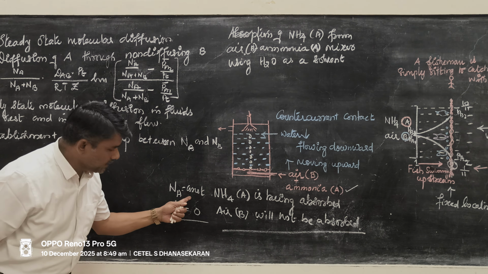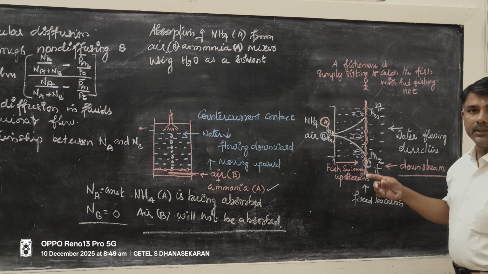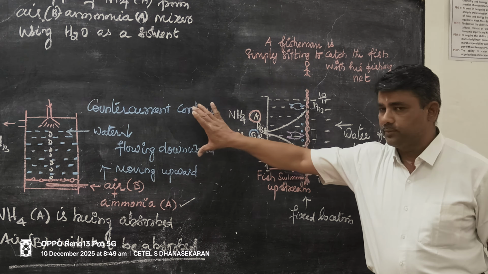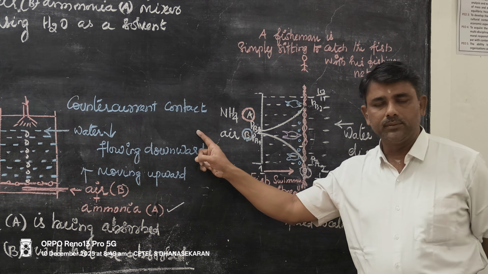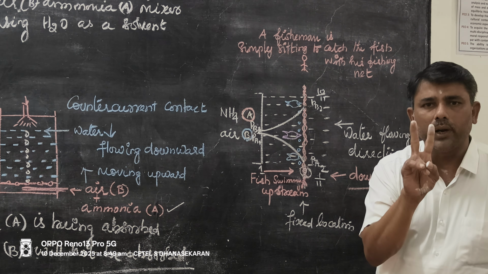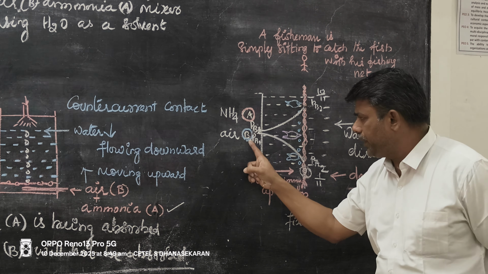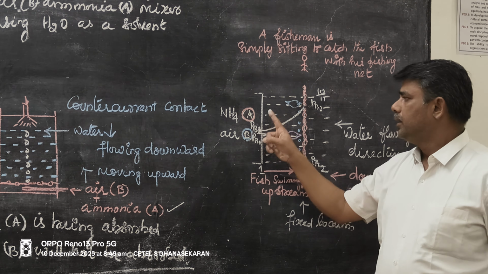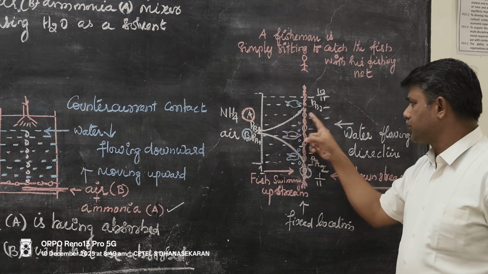In order to understand this, let us consider a simple example. See this example. This is the flow of river water, the water flowing direction. Assume that we have two kinds of fishes. Fish A, which is called ammonia, and fish B, which is called air. Clear?